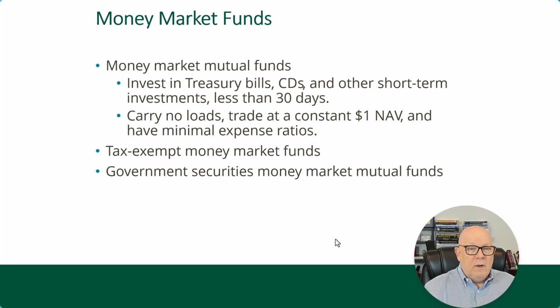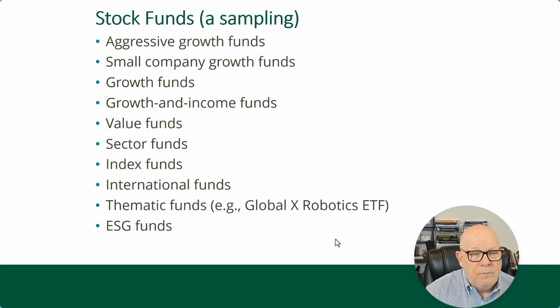They have both taxable and tax-exempt versions of money market funds. So again, any type of investment you can make individually, buying treasury bills, buying CDs, you can do it through a mutual fund or ETF. This is just a sample of the variety of stock funds that are available, both mutual funds and ETFs.